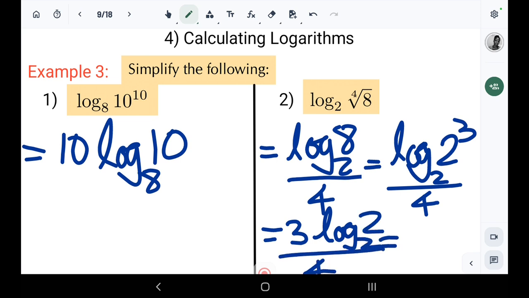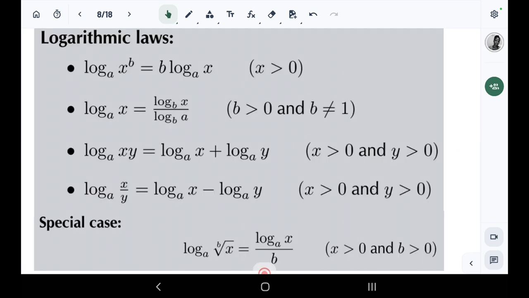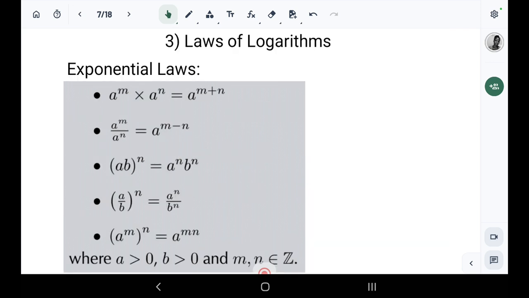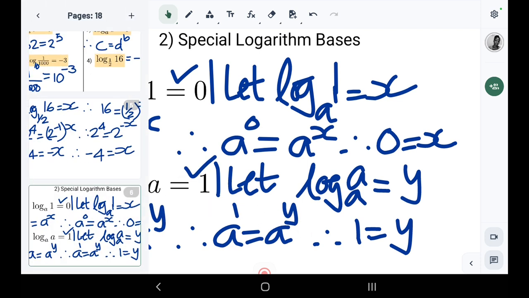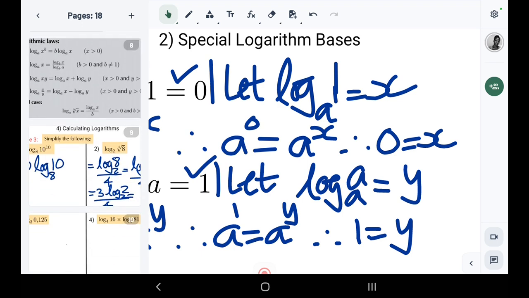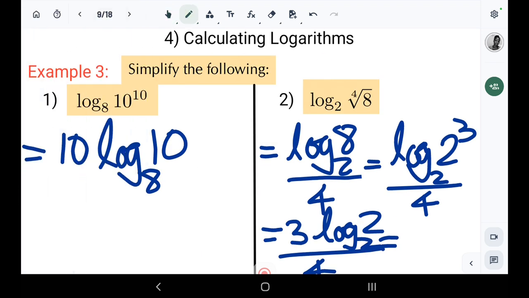Now we know that the log of a to the base a, in this case 2 to the base 2, is equal to 1, according to the special logarithmic basis law. So that gives us 3 times 1 over 4, which equals 3 over 4. And that's your answer there.